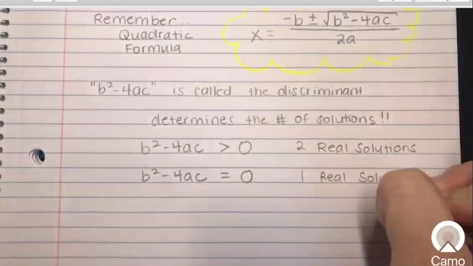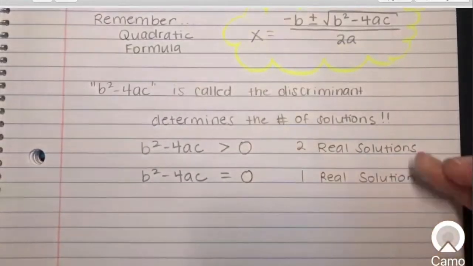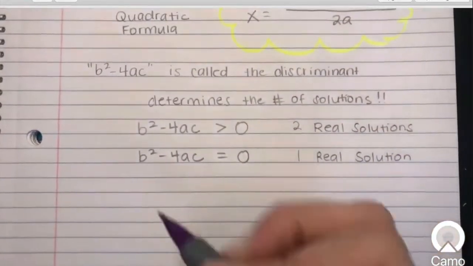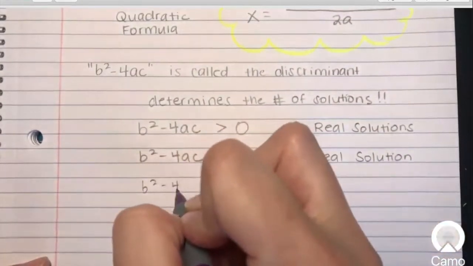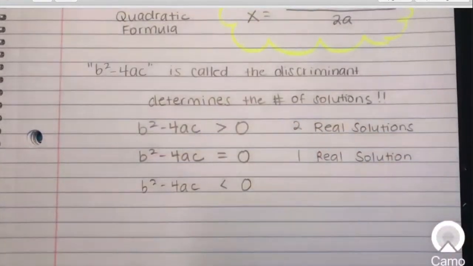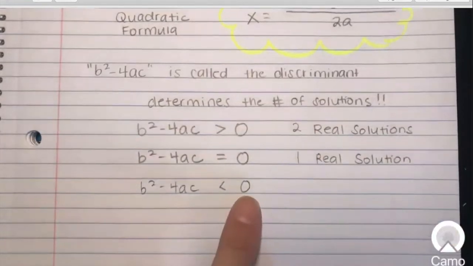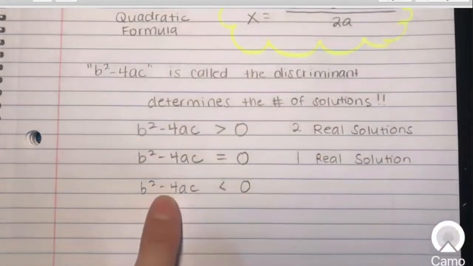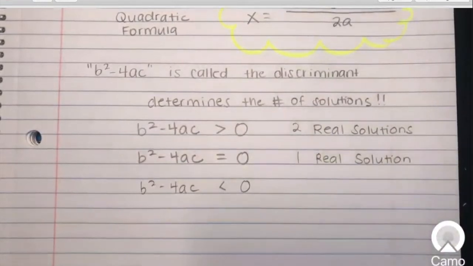One real solution. Now in Algebra 1, if we had a negative discriminant, we would stop right there and say, oh, sorry, no solution. However, now that we have imaginary numbers, we know that what this really means is that we're taking a square root of a negative number, which is going to yield imaginary or complex solutions.